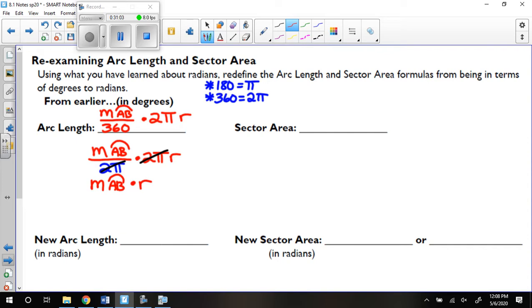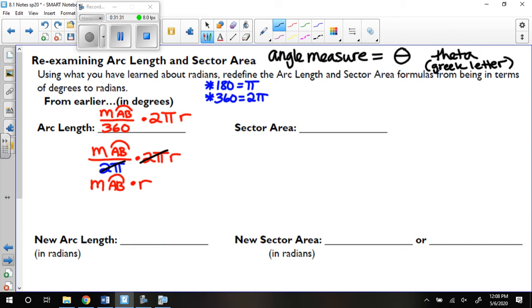Back in Math 2, you talked about angle measures and how they could be called theta if you were missing that angle measure. Theta is a Greek letter, and in this case, it gets used when your angle is in radians. So I'm going to say angle measure in radians.